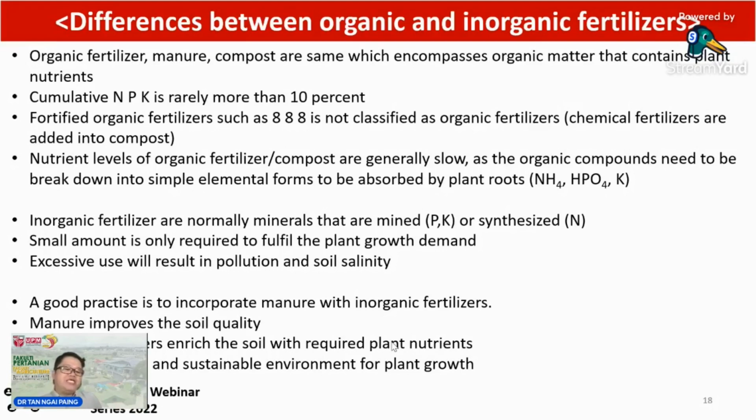What happens is the manure will improve the soil quality, while the inorganic fertilizers will enrich the soil with the plant nutrients required. And it is a much more balanced and sustainable environment for plant growth.